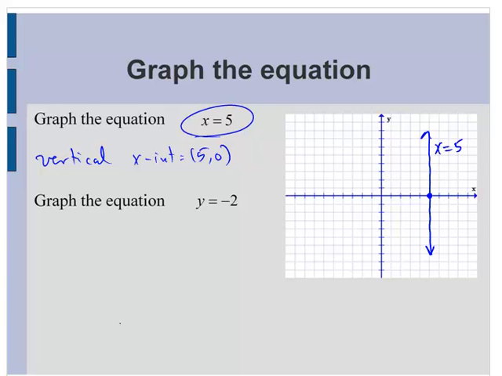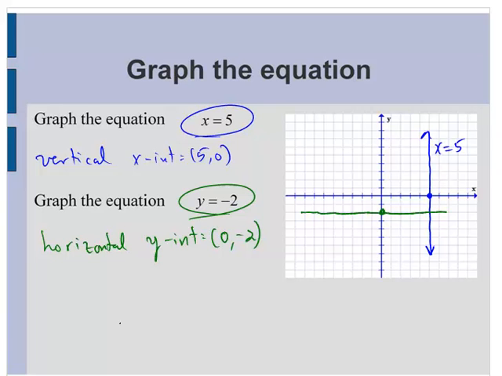This is x equals 5. Y equals -2 is a horizontal line with y-intercept 0, -2. Plotting 0, I'm sorry, I plotted that incorrectly. Plotting 0, -2, drawing the horizontal line through the points.